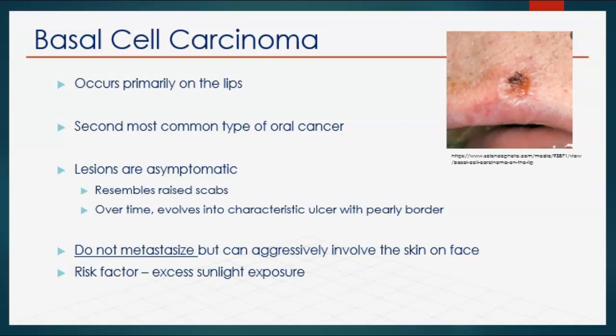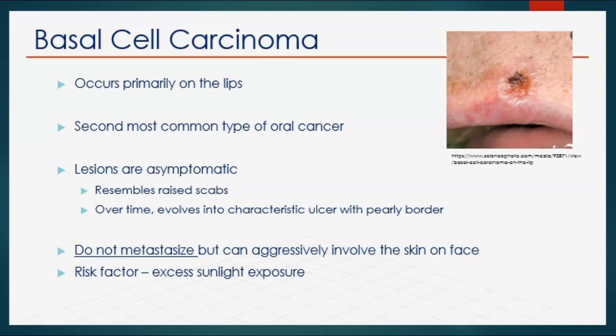All right, basal cell carcinoma is the second most common oral cancer after squamous cell carcinoma. Basal cell occurs primarily on the lips. The lesions are asymptomatic, resembling just a scab. And if you look at the picture that's on there, it has really pearly edges around it.